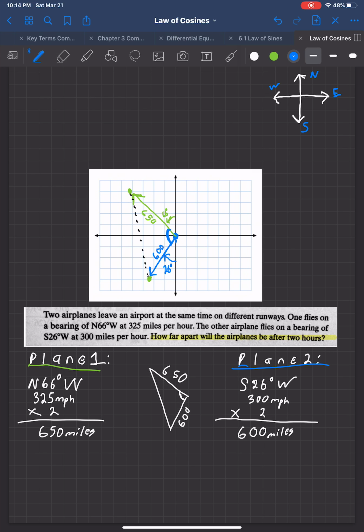I'm just going to label this, let's say this is angle B. Clearly angle B is going to be equal to 180 degrees, that's the straight line, minus 66 degrees minus 26 degrees. So angle B is equal to 88 degrees. All right, so now I know a little bit more about my triangle. This is 88 degrees.